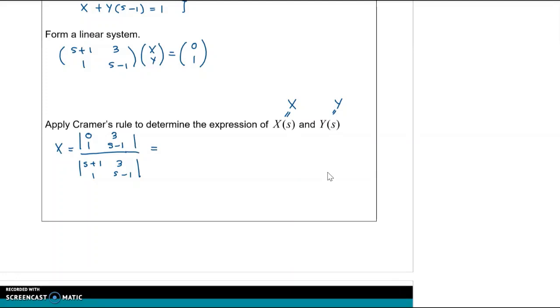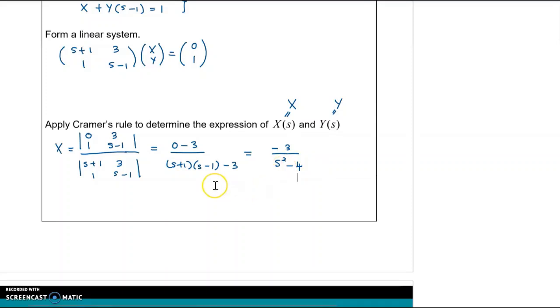By the determinant process, we have 0 minus 3 at the top. At the bottom, we have s plus 1 times s minus 1 minus 3. Simplifying the expression, we have negative 3 over s squared minus 4. That is our X(s).